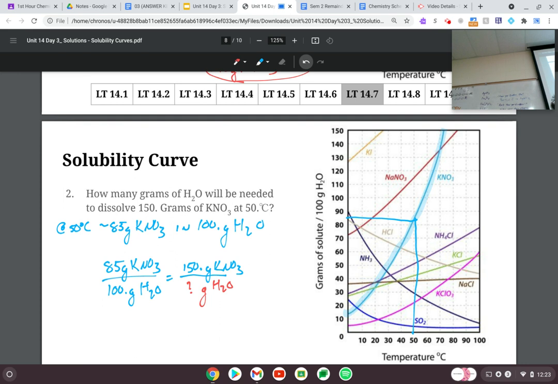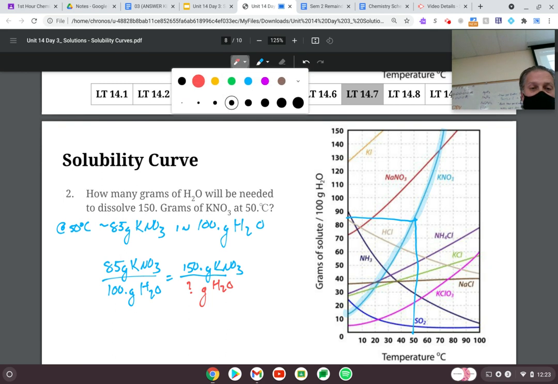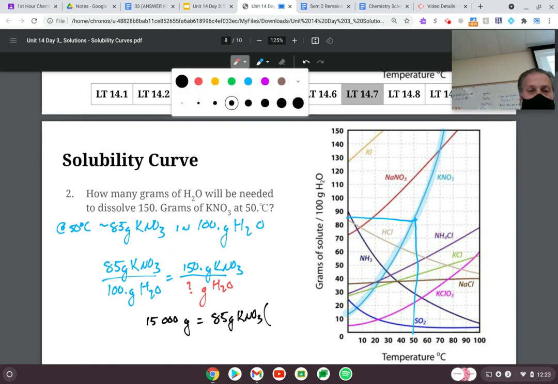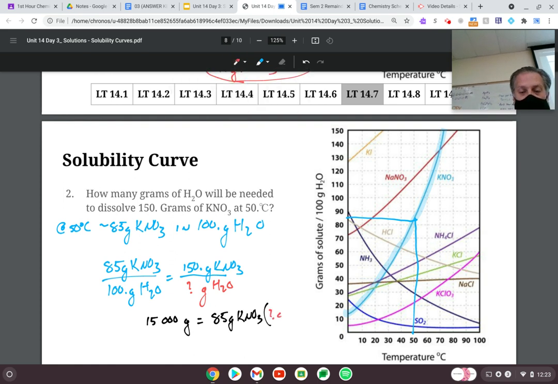So 100 times 150 is 15,000. And we're going to divide again.